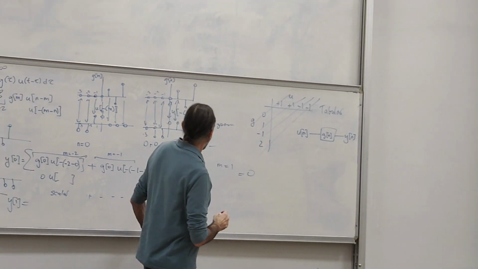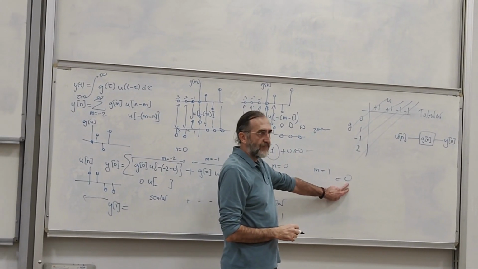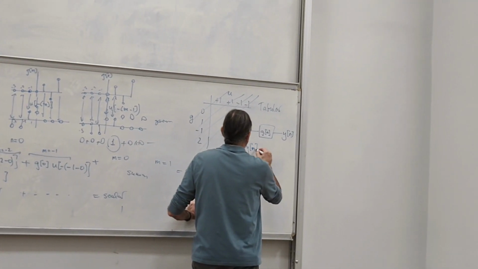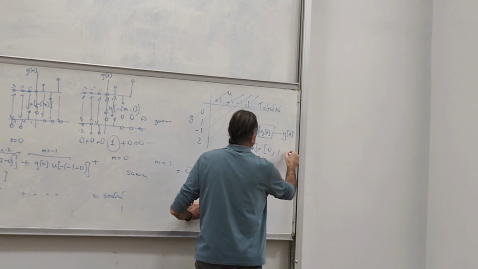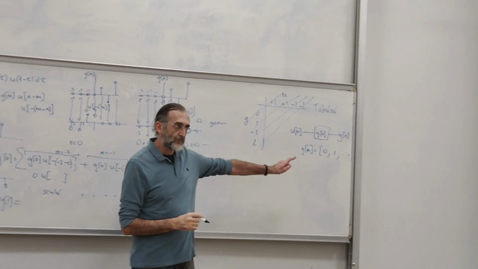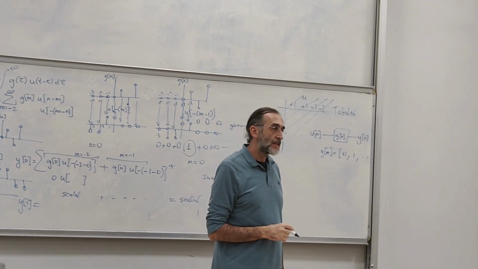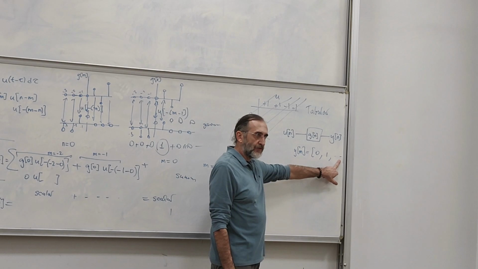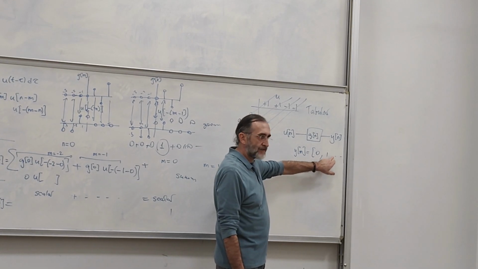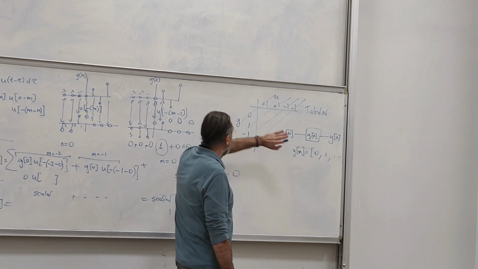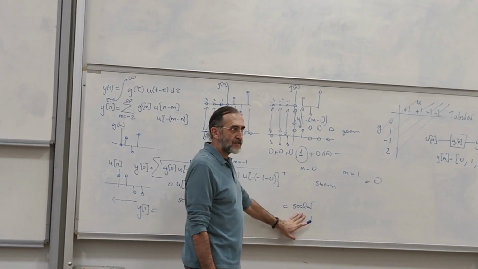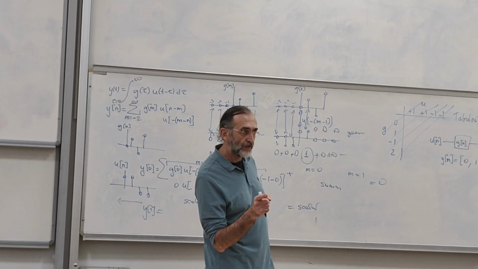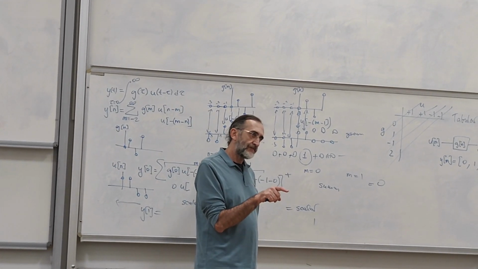So you're going to say y of 0 is 0, so y of n is 0, 1, 1. Okay, that's your output. So output will be a constant. Every value of the output at each time index is a constant. So you're going to get a constant, a scalar. You're going to get the value of the output signal at that time index.